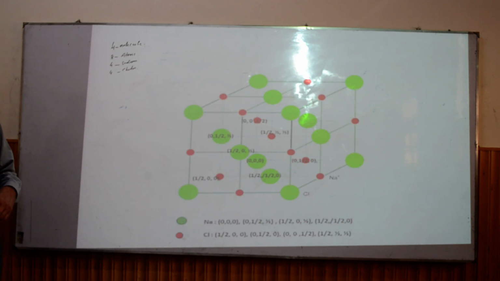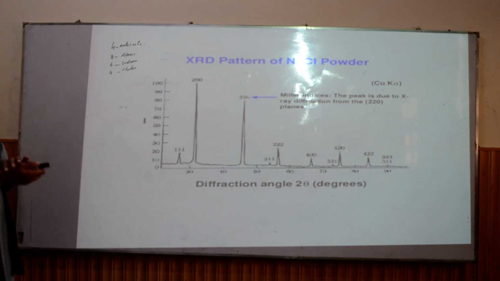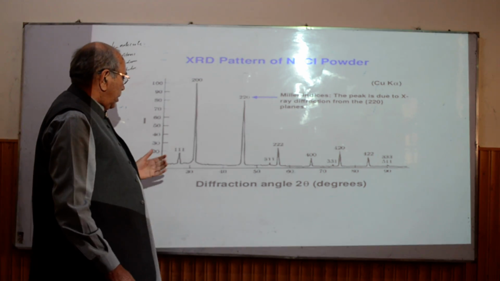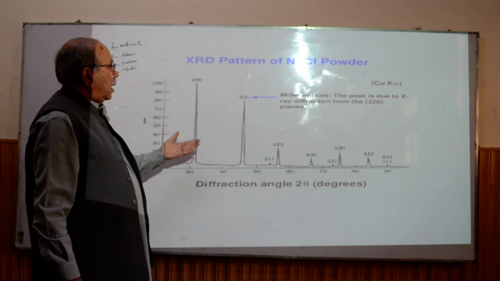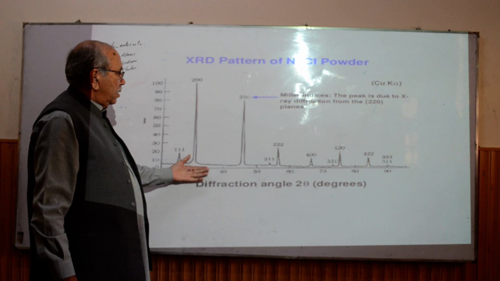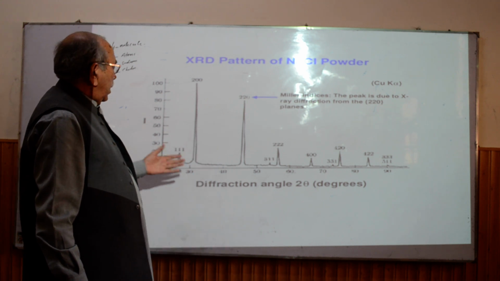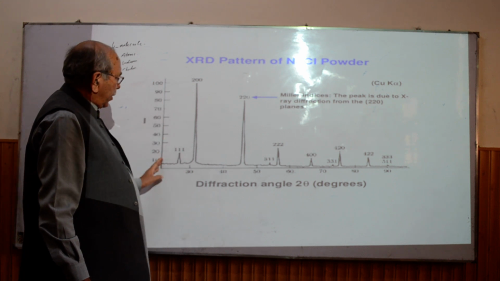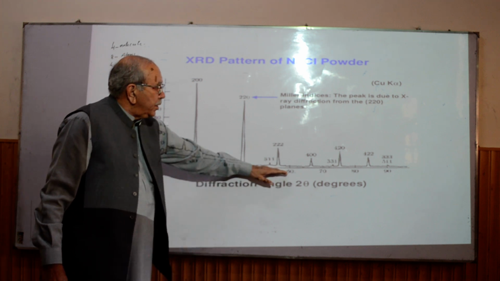Now, this is your X-ray diffraction pattern, which I told you I'm obtaining using X-ray, for example, emitted by copper of a particular wavelength, with a diffractometer. The diffractometer gives me this axis of intensity and this axis of 2 theta.